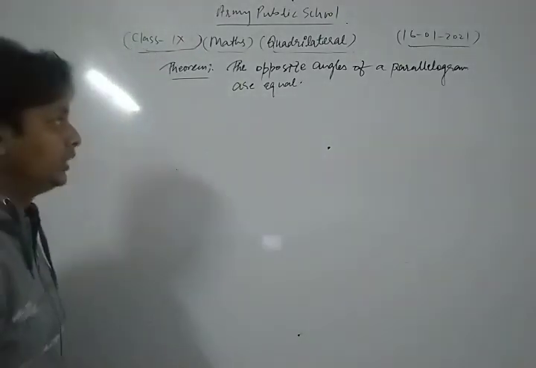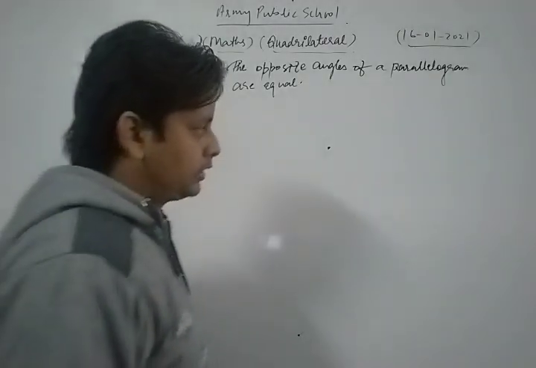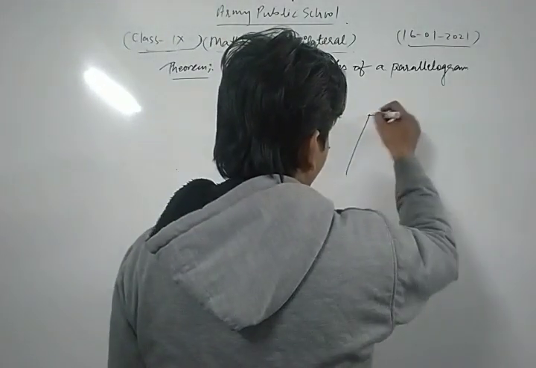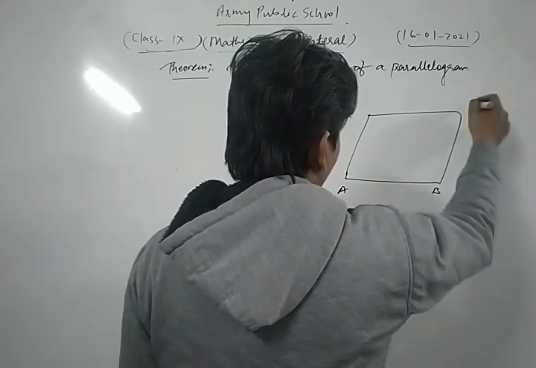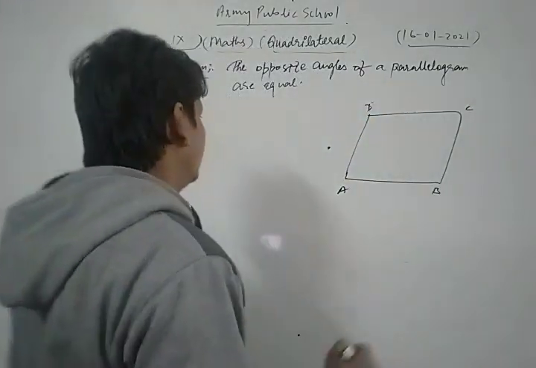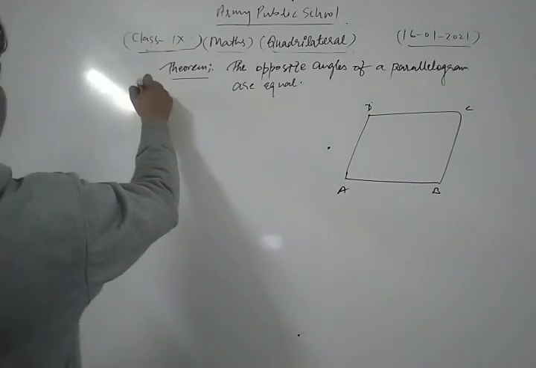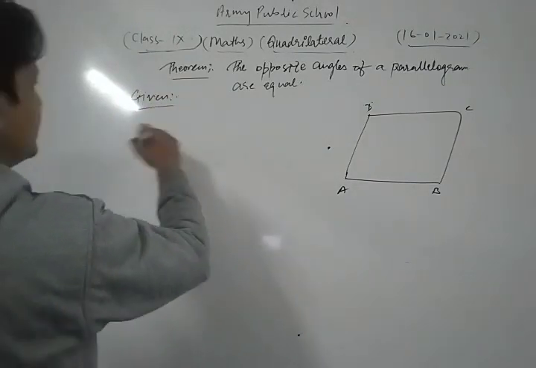In order to prove that theorem, first of all we draw a parallelogram ABCD. And first of all we write the given. What is given?